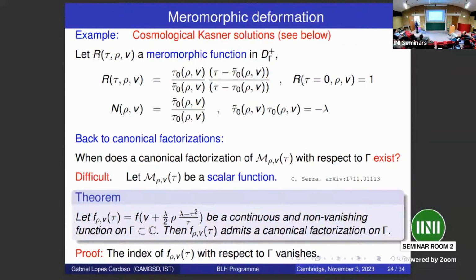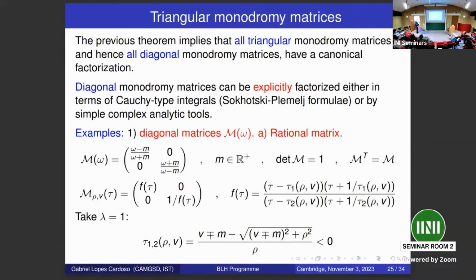So that means that any triangular matrix, and therefore any diagonal matrix, such that the factors in that matrix are continuous and non-vanishing, such matrices all have canonical factorizations. All right. So here you have a class of matrices which are guaranteed to have a canonical factorization.